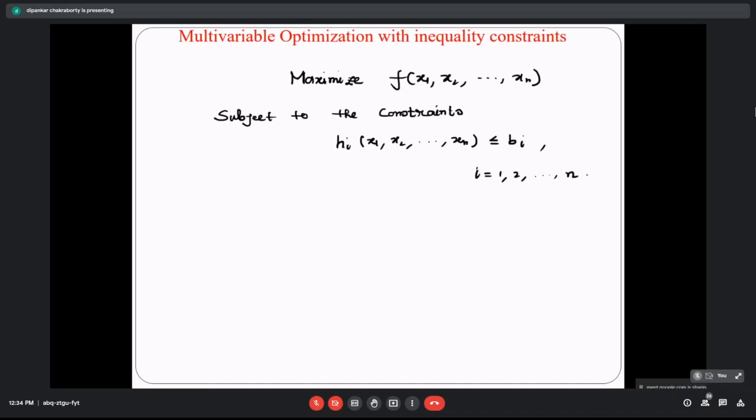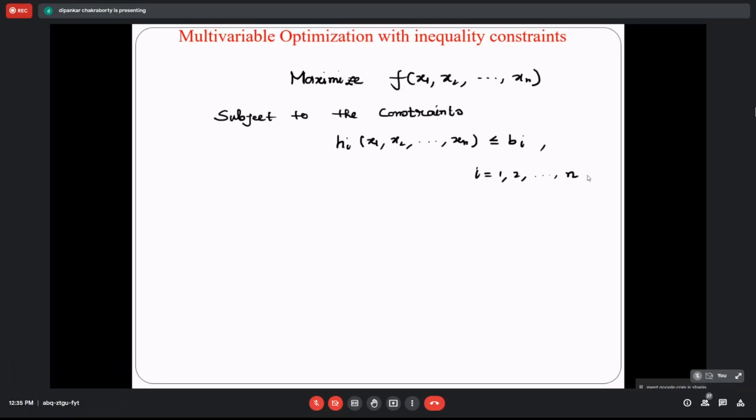Now, the problem here is how do we convert this inequality constraint to an equality constraint? Because we know how to solve a problem with equality constraints. The only thing we need to understand is how to convert this inequality constraint to an equality constraint. We have already done this in the linear programming problem, when you considered the simplex method.